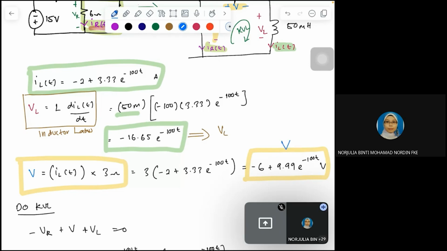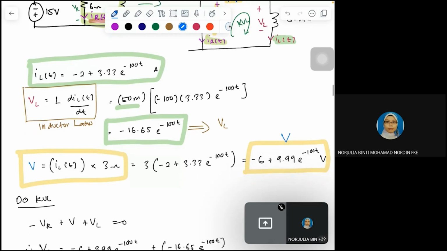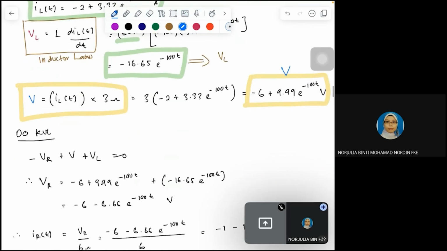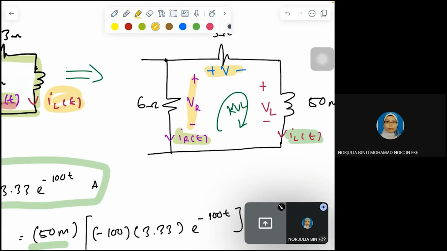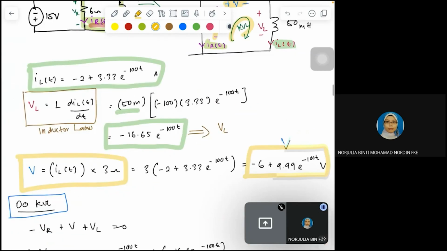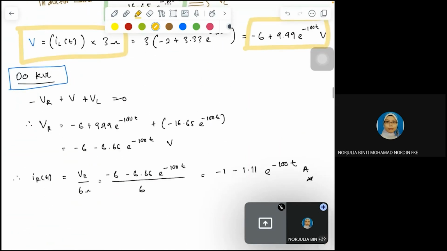After getting these two values, we start to do our KVL at this loop. By applying the KVL, we can see that our VR is equal to this expression.